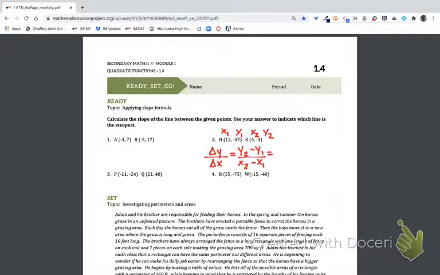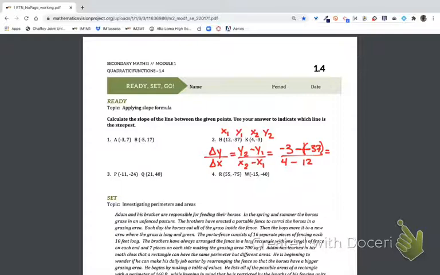So we would just plug in those numbers based on what we see. The y2 was -3, the y1 is -37, the x2 is 4, and the x1 is 12. So here we would be looking at a negative times a negative being a positive.